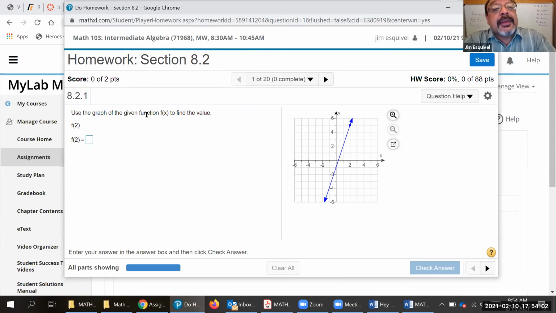Use the graph of the given function to find the values of what does f of 2 equal. So remember, function notation is a y. So they want the value of f of 2.